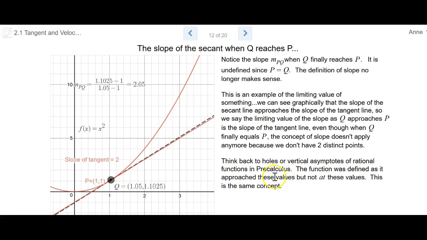That's the same concept. I'm getting as close as I want to this point P. In Desmos the slope being defined is only in units of hundredths, but I can always get closer and closer, and that limit is going to be the slope of the tangent line.